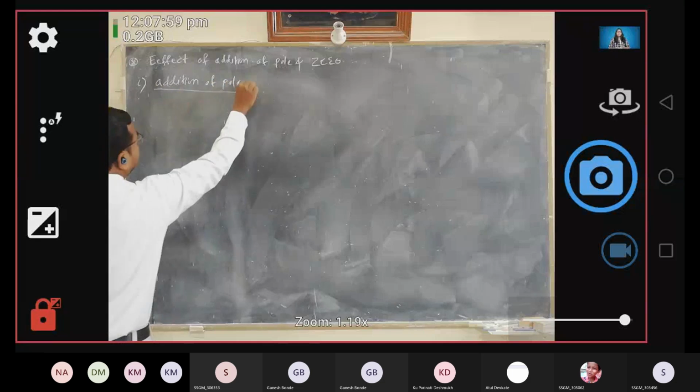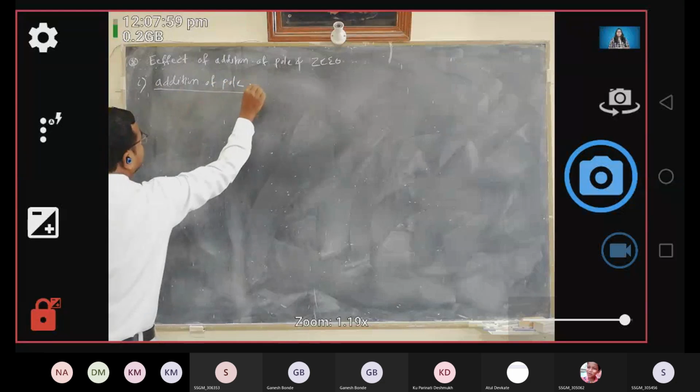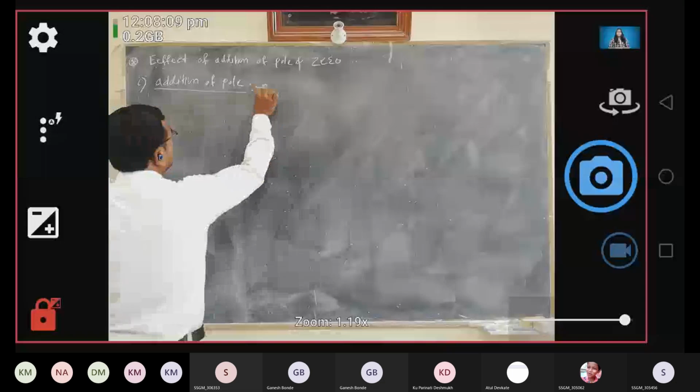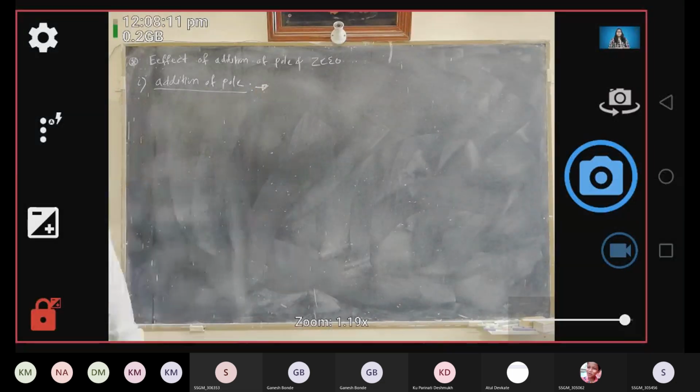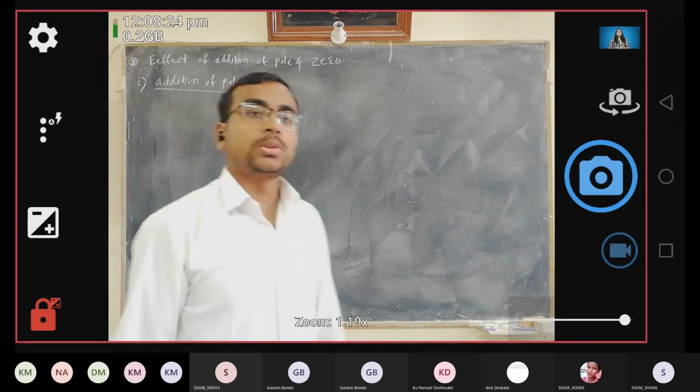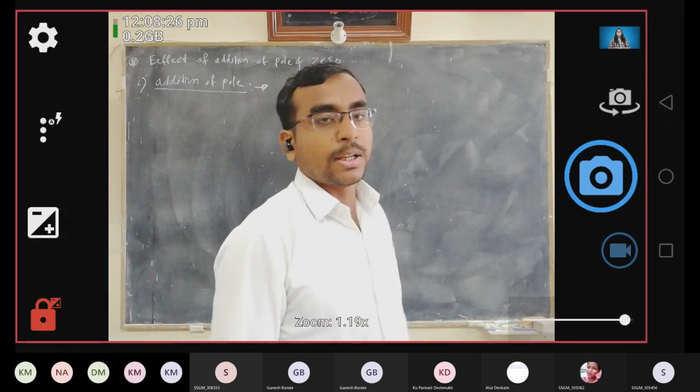So what is the effect of adding a pole or zero into the root locus? The main effect is that if you add a pole or zero to the system, your root locus branches in the S plane shift either to the left hand side or to the right hand side of the S plane.